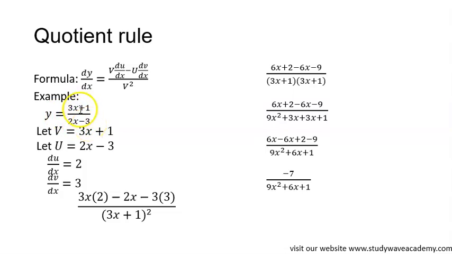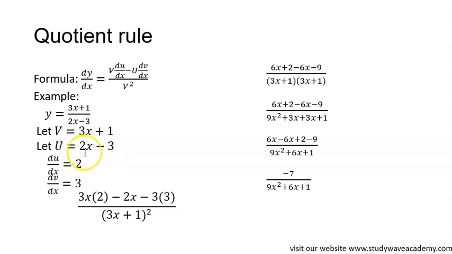So first we are going to say let v, which is the top one, be 3x plus 1, and let u be 2x minus 3. So we have gotten v and u. Now let's look for du over dx, which is differentiation of u in respect to x. U here we have 2x minus 3.